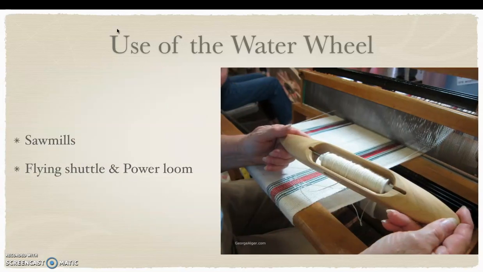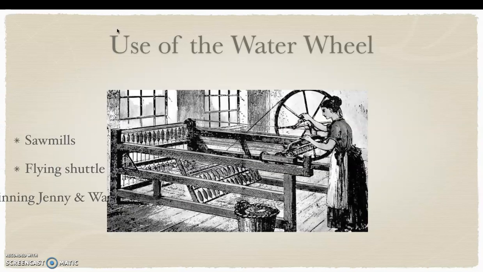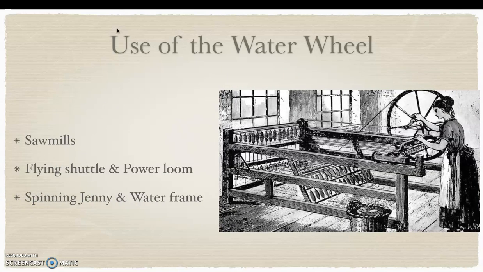Now, what else did we create using the water wheel? We created the flying shuttle and the power loom. Other engines that we created were the spinning jenny and the water frame. So instead of having a person spinning, we had the water wheel. As the water wheel spun, the spinning jenny also spun at the same time.